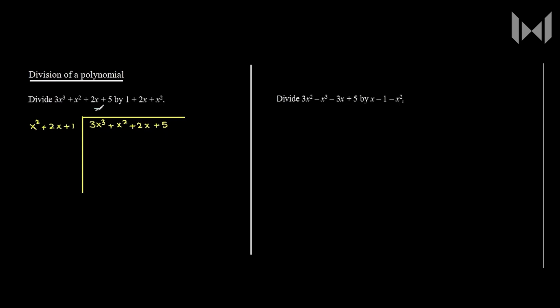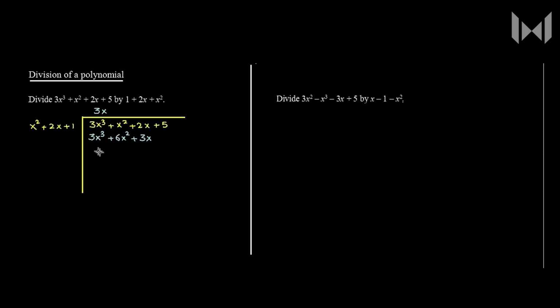So we write 3x on the top, and then we multiply the divisor by 3x and write it here. So we shall get 3x cube plus 6x square plus 3x.